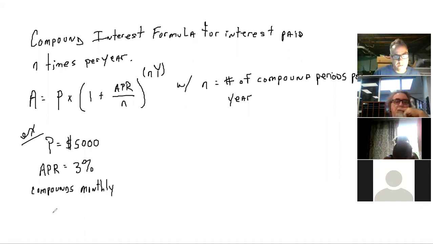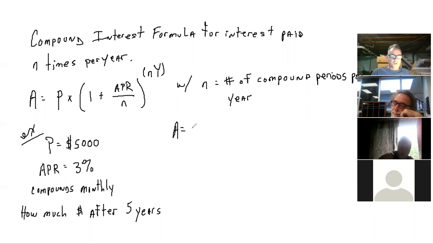So how many dollars after 5 years? All right, so that is what's trying to find A. So putting everything simply in our formula here, I would have 5,000. You don't have to put the multiplication symbol.